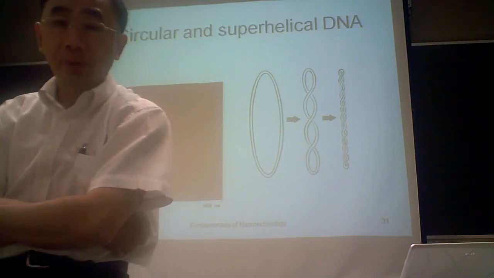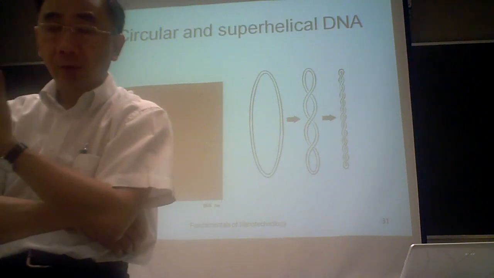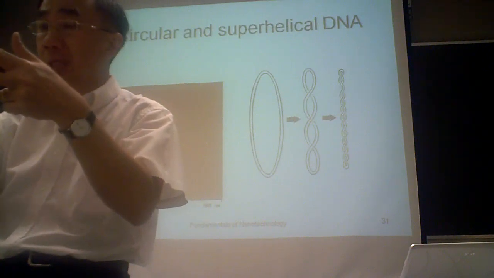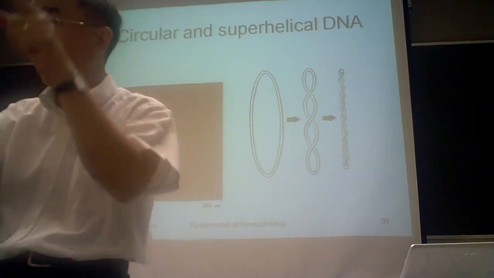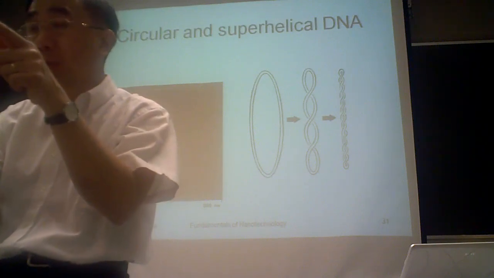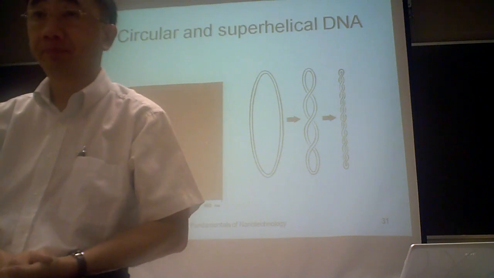Steven Chu was working on using lasers. You can cross lasers in such a way that you can create a low energy well. So the low energy well can trap an atom. You know?